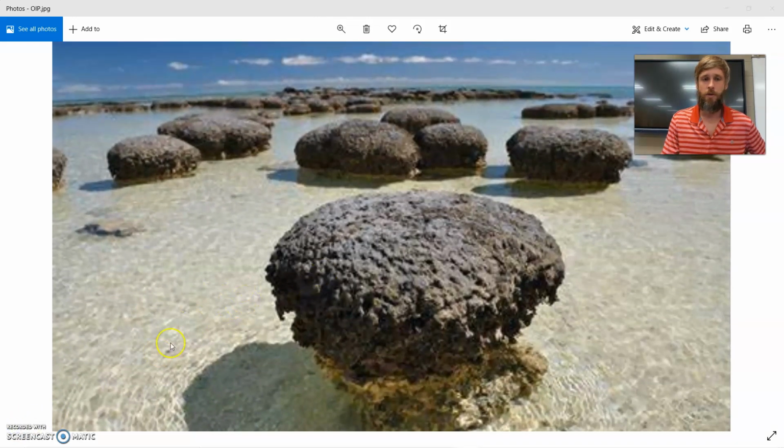So this is a picture of several stromatolites, which basically look like giant rocks. However, in further investigation, you actually see fossils of prokaryotes. Specifically, these would be cyanobacteria.